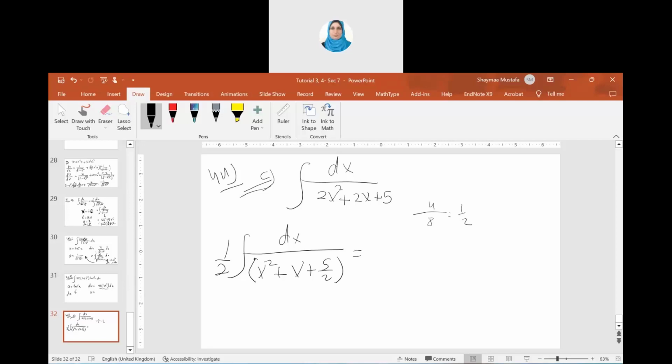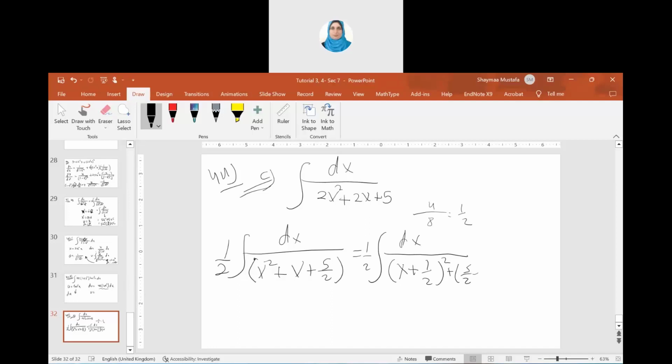So now this one, or you can complete the square directly also. Okay, 1 over 2 dx, x plus, I think, 1 over 4, choose 1 over 2 squared, right? x squared plus x plus 1 over 4.